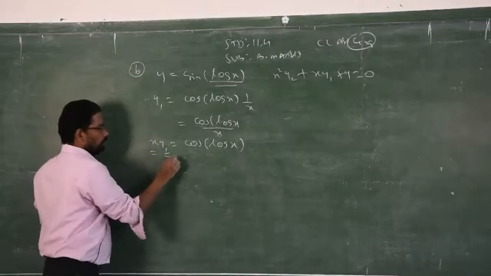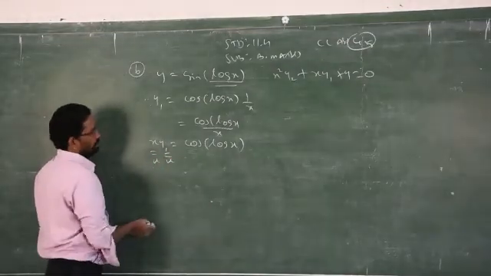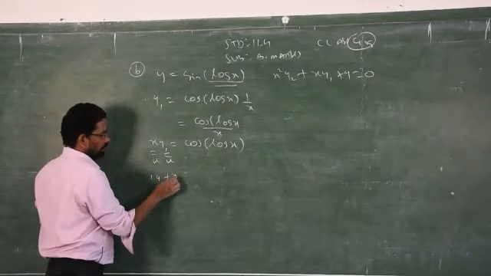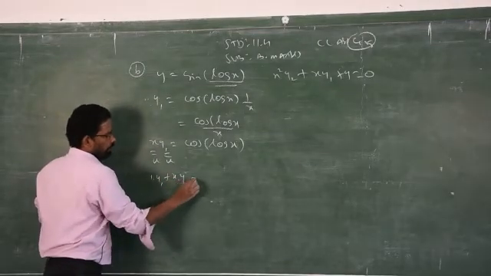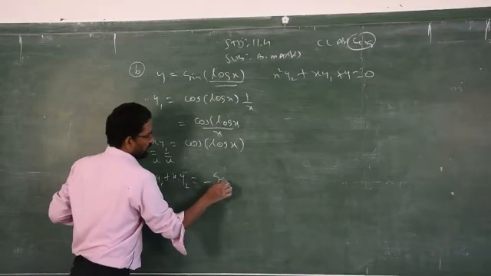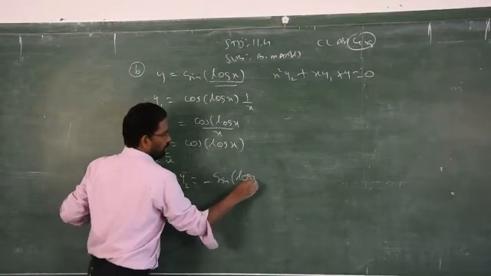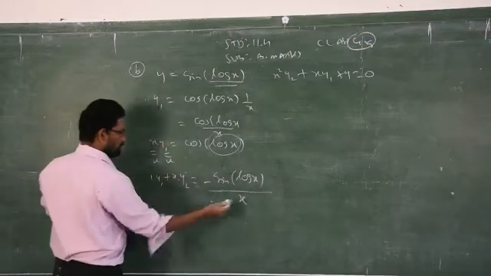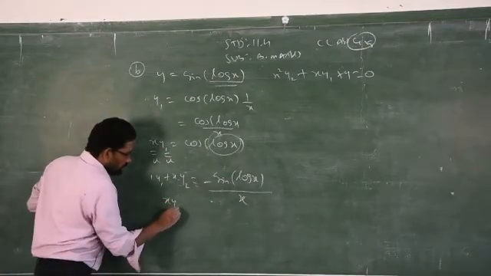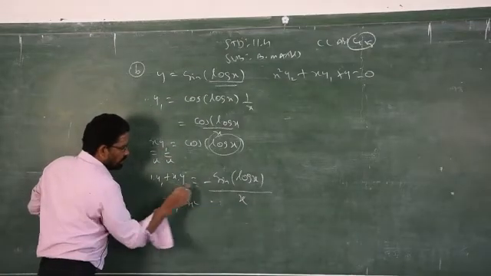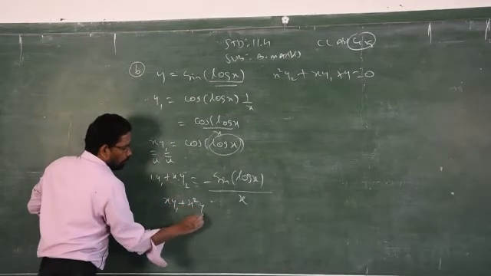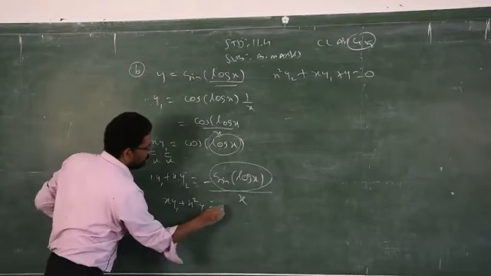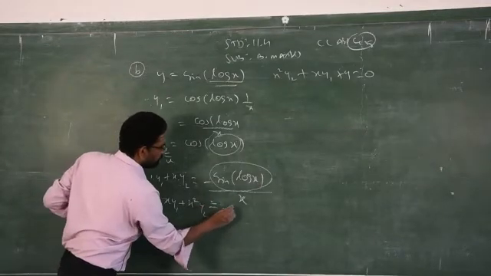Clear? And again, you have to apply the UV method. x, keep y1 as it is, then x y1 becomes y2. The derivative of cos is minus sine log x. Then the differentiation of log x is 1 by x. Cross multiply: x y1, x into x, x square y2, minus, this is replaced by the given question, minus y.